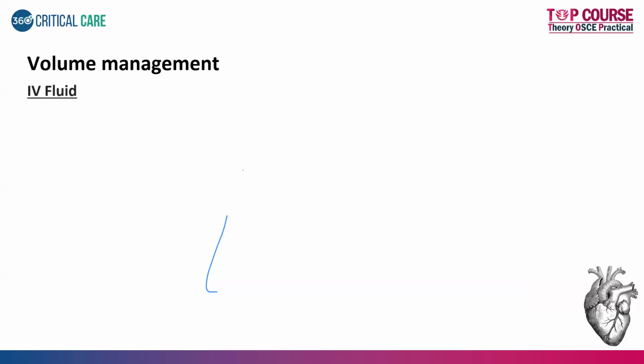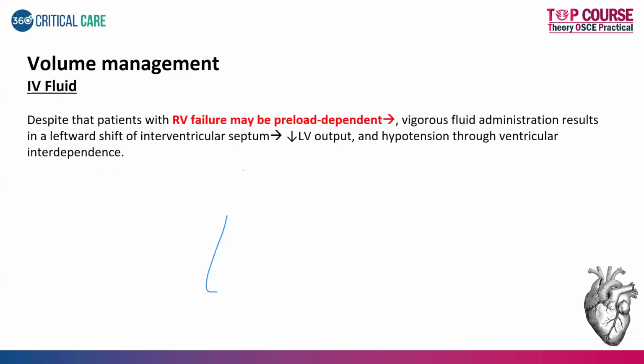So coming to volume management, IV fluids, usually what we think is RV failure is preload dependent. So vigorous fluid administration usually helps in improving the LV preload, and if LV preload is optimized, the cardiac output is good. But what we fail to understand is that there is always the interventricular septum present. If the RV is unable to pump against the pulmonary vascular resistance, it causes a shift of the septum, and this can cause hypotension.